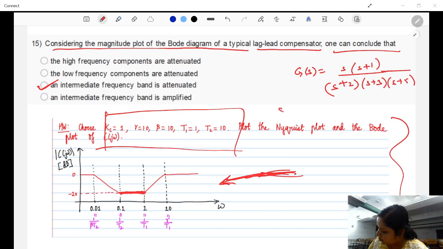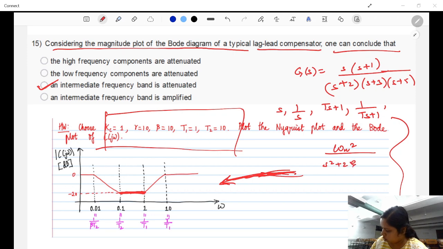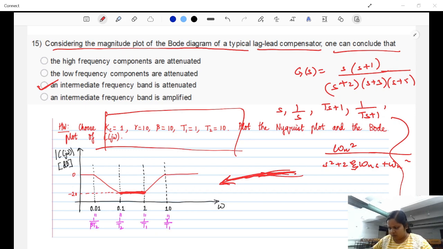We already saw: s, 1 upon s, Ts plus 1, 1 upon Ts plus 1, and there could be one more in which we have a second order system. All of these are the basic building blocks. If you know the plots for all of them, or you can just use 20 log 10 of the magnitude. And for phase also, if you try to draw the Bode plot, you get the plots.